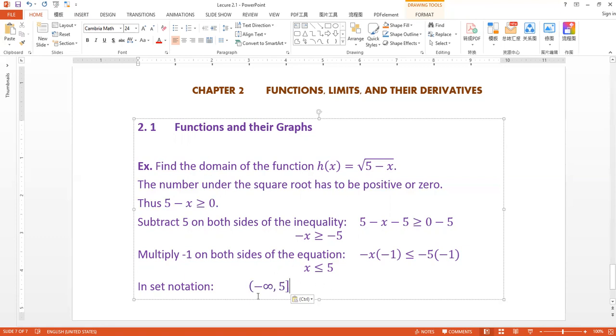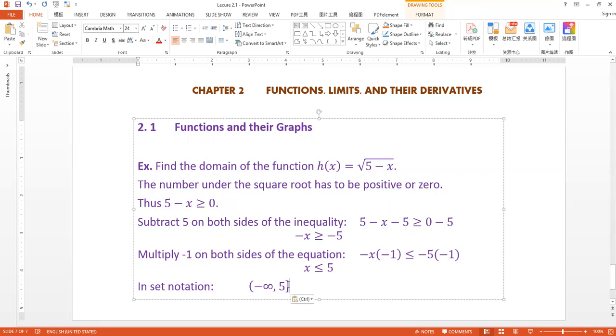So when we say x less than or equal to 5, it means all the numbers up to 5, any numbers on the left of 5, it can be negative even, as long as it's less than or equal to 5. So that includes all the negative numbers, and some positive numbers from 0 to 5, including 5 itself.